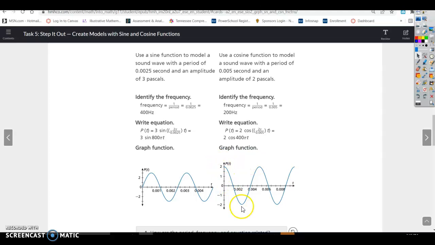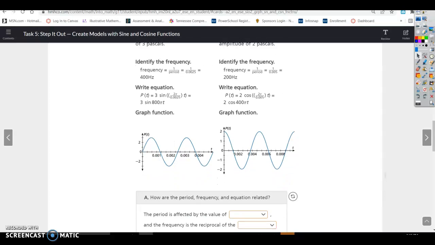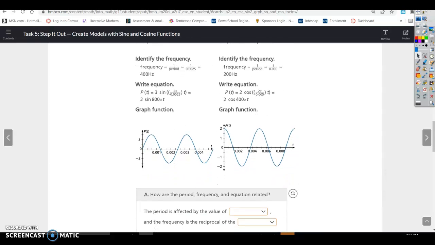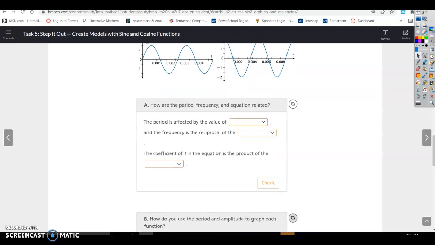And this one complete rotation is your cycle. So that's where that comes from. And again, your amplitude goes from the midline to the highest point. So that 2 comes from right here on the graph. And if you do the absolute value and you go down, you're going to see that goes down to -2 as well. So if you know the period and the amplitude, you can sketch the graph of your function.